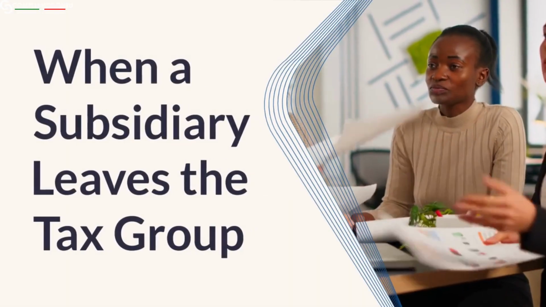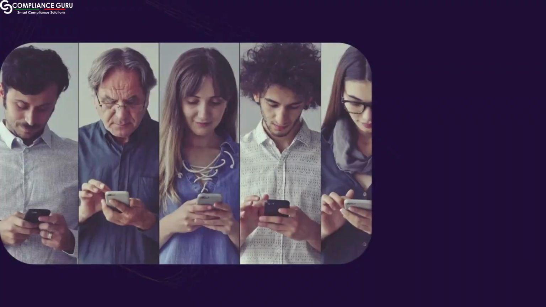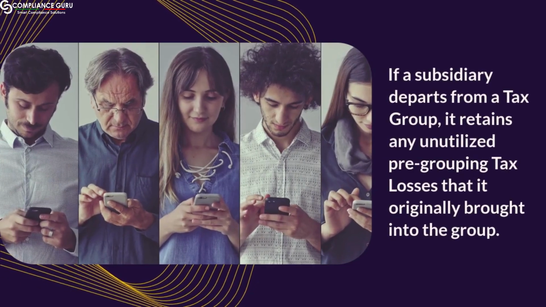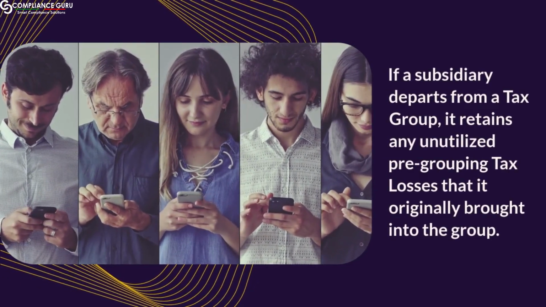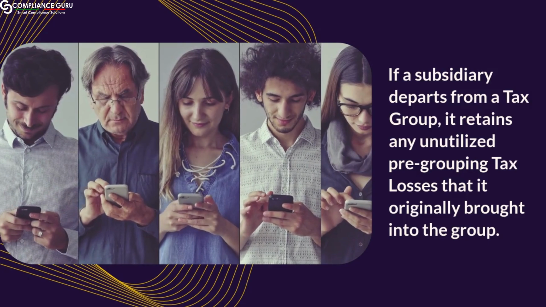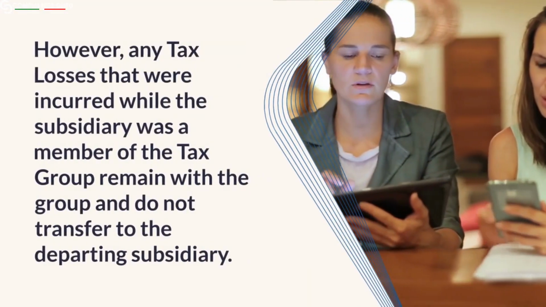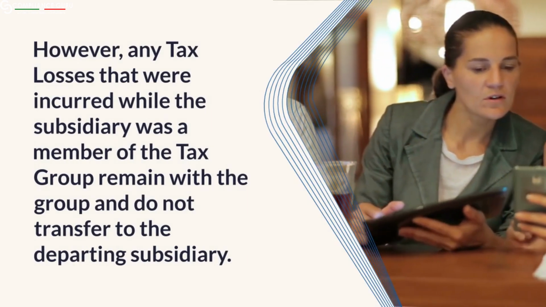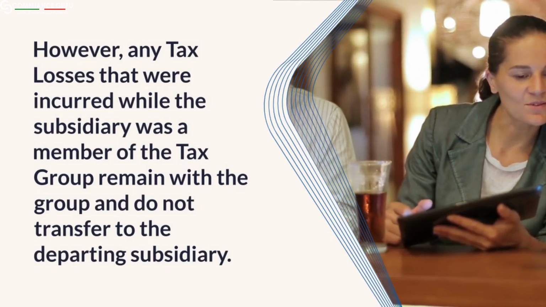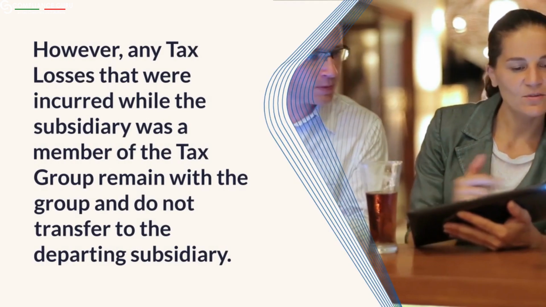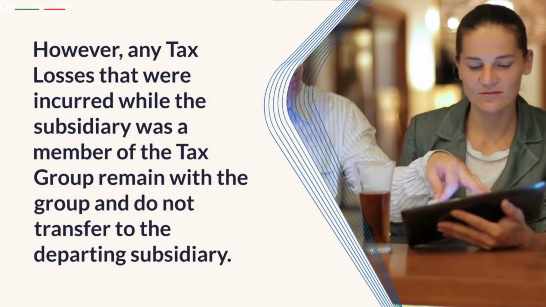When a subsidiary leaves the tax group: if a subsidiary departs from a tax group, it retains any unutilized pre-grouping tax losses that it originally brought into the group. However, any tax losses that were incurred while the subsidiary was a member of the tax group remain with the group and do not transfer to the departing subsidiary.